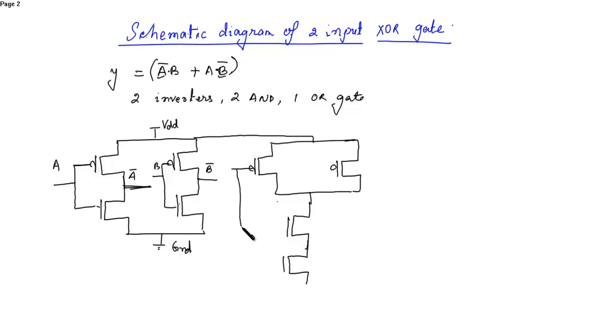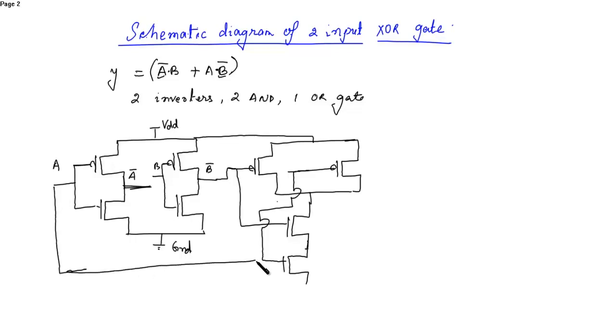This is A, this is the second input B. Let's say this is B bar, then the second input will be A and this is ground.